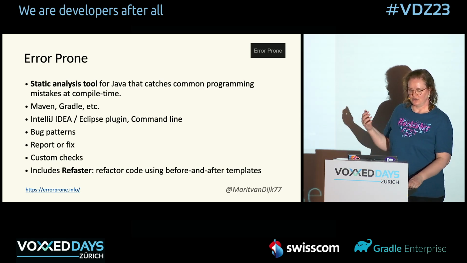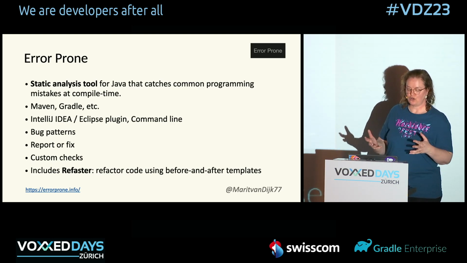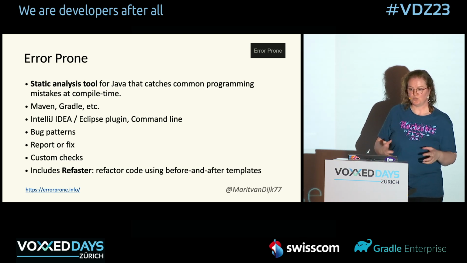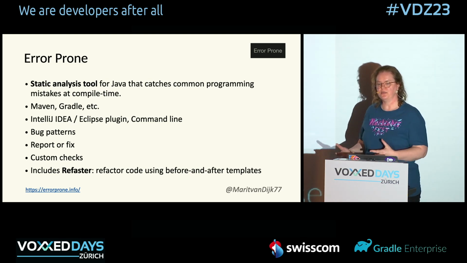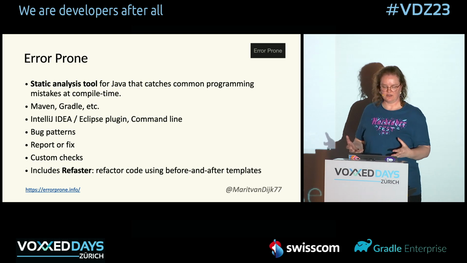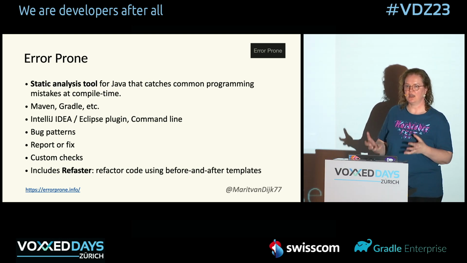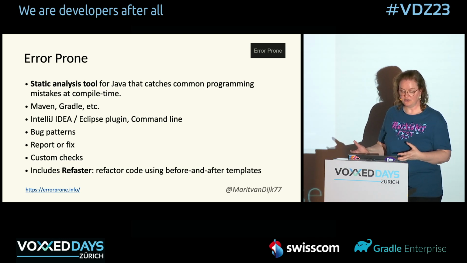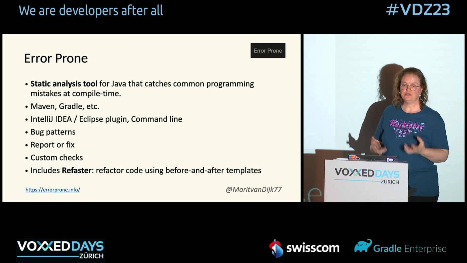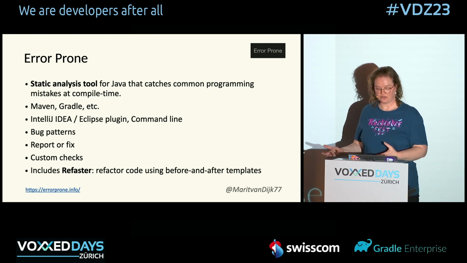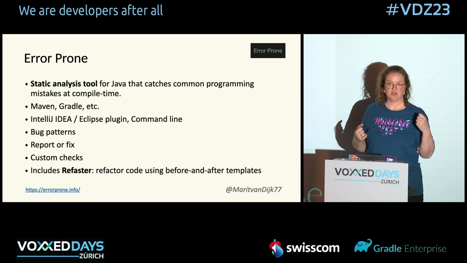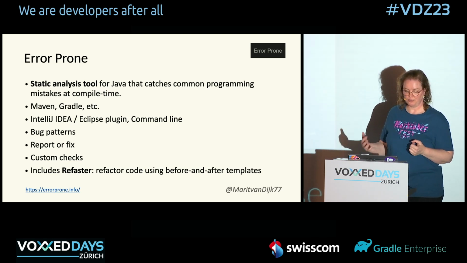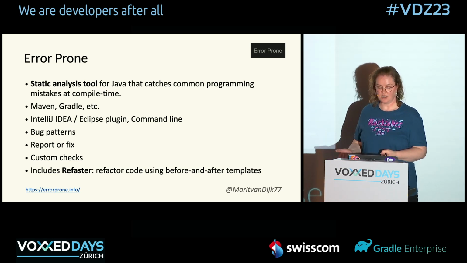Another option to migrate your code is Error Prone, which technically isn't intended as a migration tool. It's a static analysis tool for Java that can catch common programming mistakes at compile time. You can use it with Maven or Gradle, and there are several other options. They have an IntelliJ IDEA and Eclipse plugin, and you can use it from the command line.